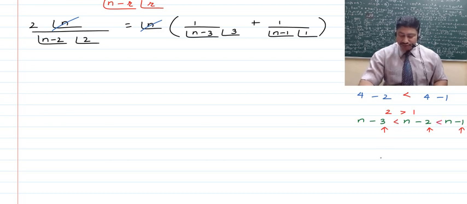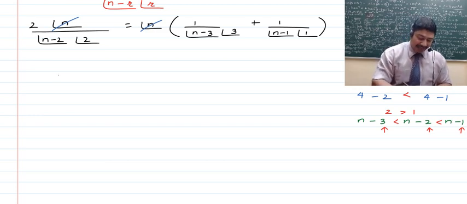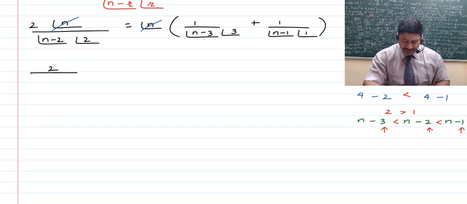In other words, n minus 3 is the least, n minus 2 is greater, and n minus 1 is the largest. We will use this fact now: we have factorial of n minus 2, factorial of n minus 3, and factorial of n minus 1. Among these three, factorial of n minus 1 is the largest.